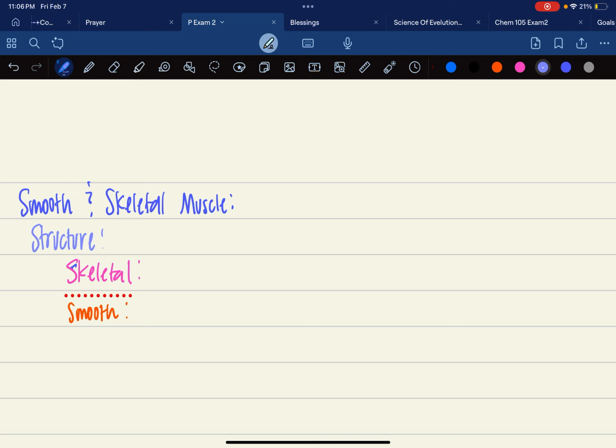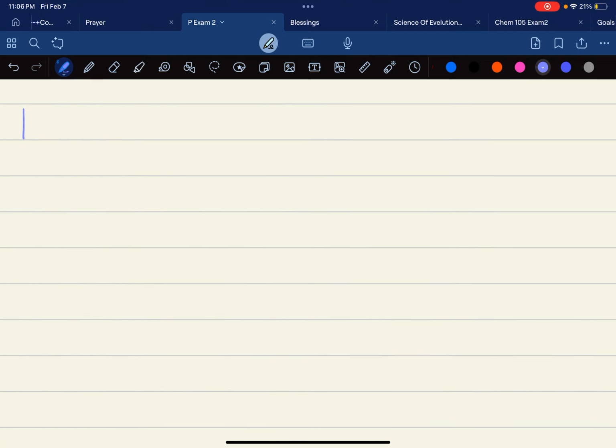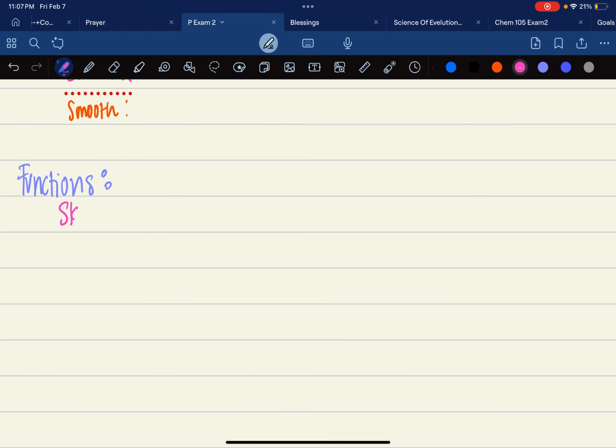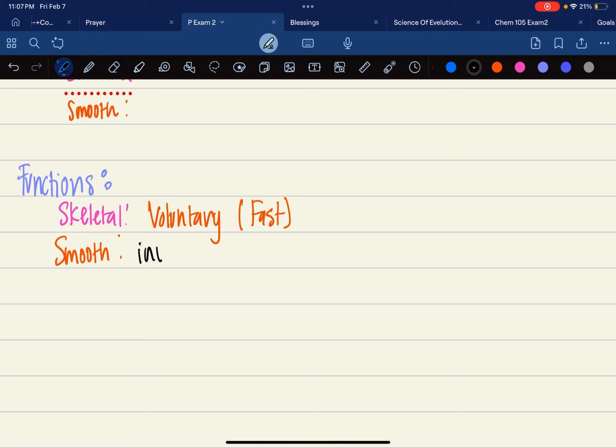And there's also a difference between the functions. The skeletal muscle is voluntary and contracts rapidly, and then smooth is involuntary, and it's slow.